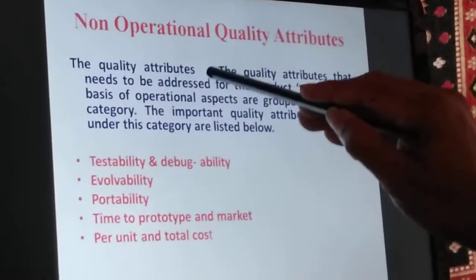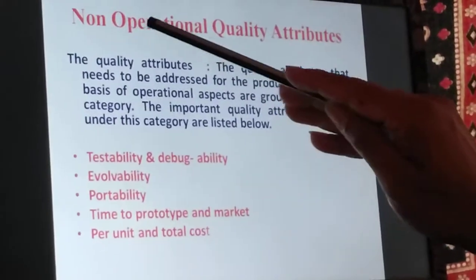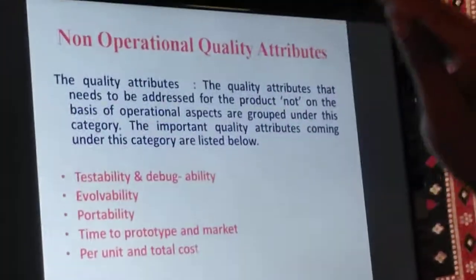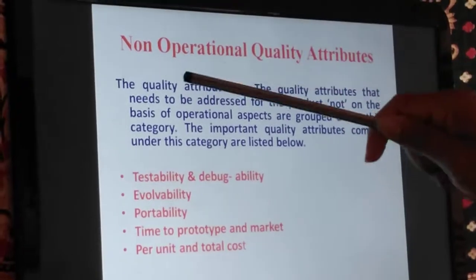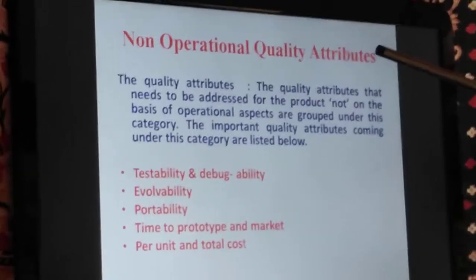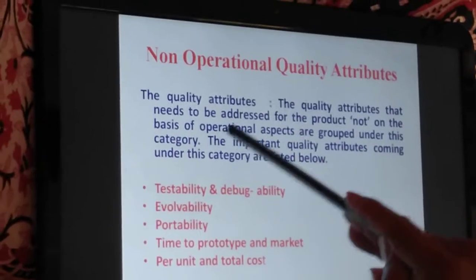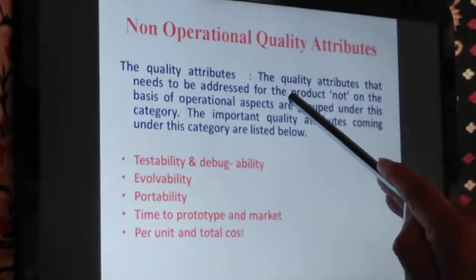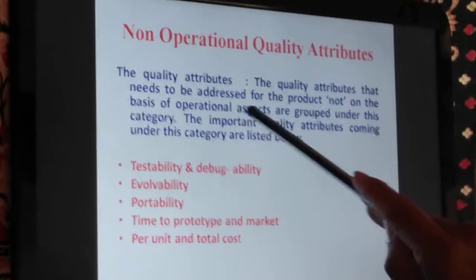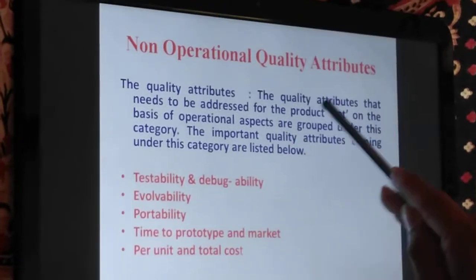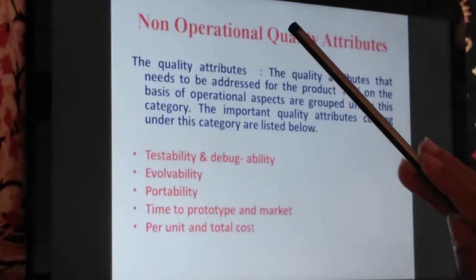So next are the non-operational quality attributes. The quality attributes that need to be addressed for the product not on the basis of operational aspects are grouped under this category.